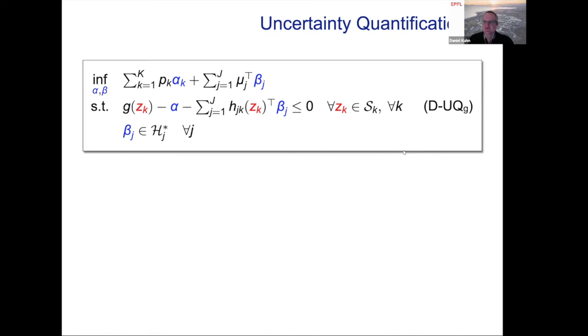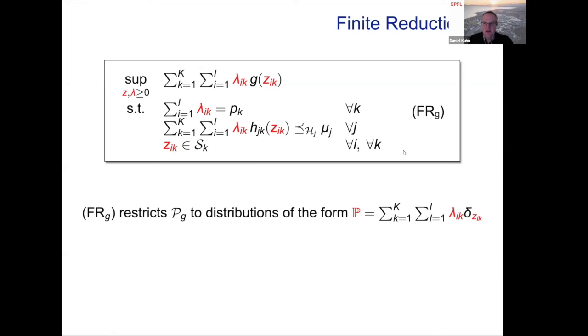So under these conditions, we can construct a generalized dual uncertainty quantification problem by applying the same procedure as in the previous part of the talk. Similarly, we can construct a generalized finite reduction of the primal uncertainty quantification problem. And as before, this finite reduction evaluates the worst case expectation only with respect to certain discrete distributions in the ambiguity set.